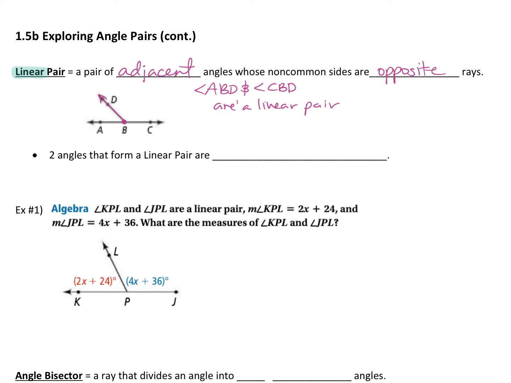Right? Essentially, it makes a straight line, is what they're saying. Okay, so this angle here and this angle here are a linear pair. Two angles that form that straight line with adjacent angles. Okay, two angles that form a linear pair then.